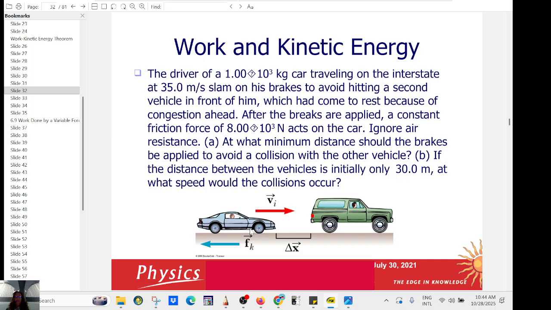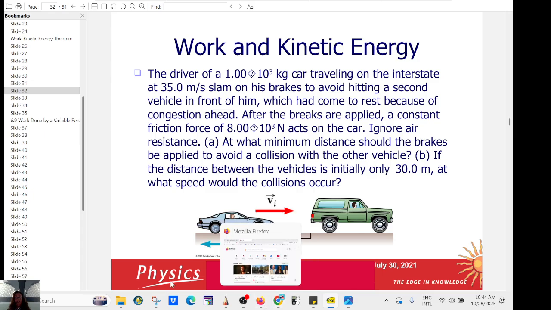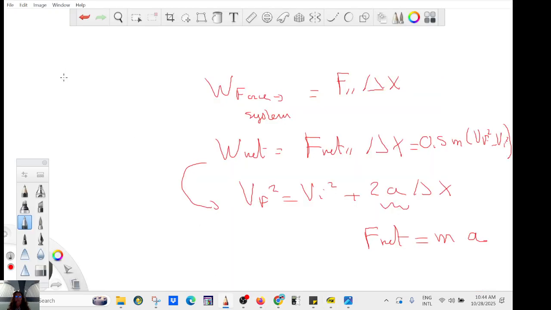Okay, so you can still apply the equation here, right? So all that kinetic energy, you're going to have a change in kinetic energy that will be equal to the work done by friction on the car. And that will be heat.